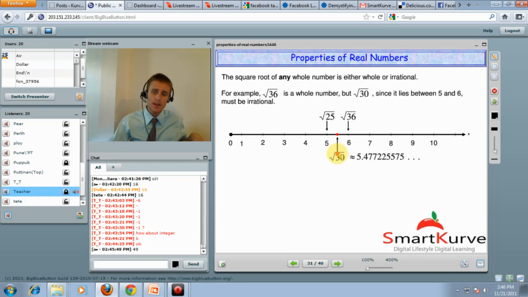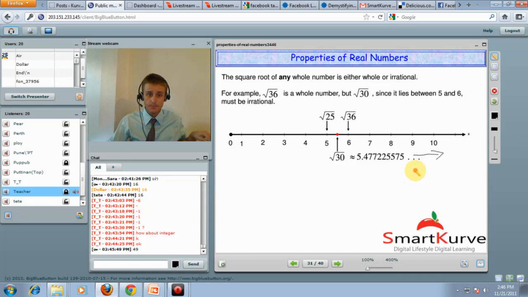So here we see it on the number line. Root 25, 5. Root 36, 6. Root 30 is right here in the middle. The square root of 30 is 5.477225575, on and on. It continues on getting smaller and smaller. It does not terminate.